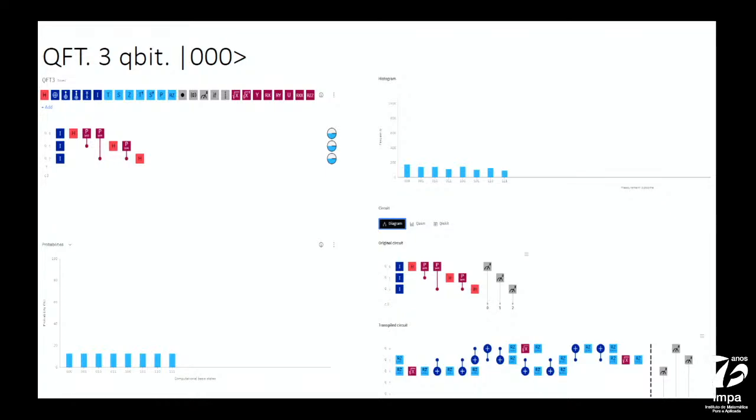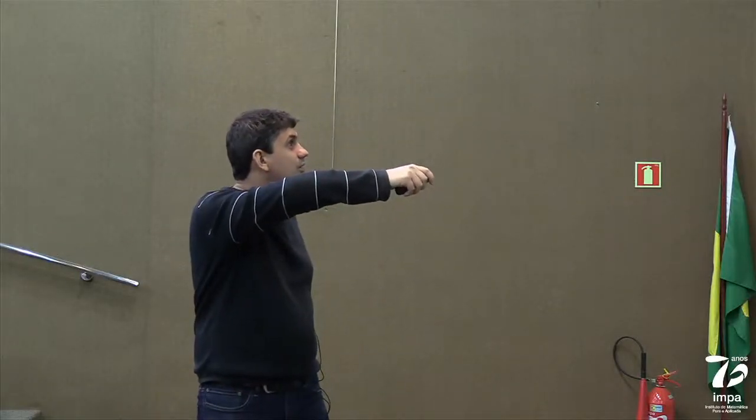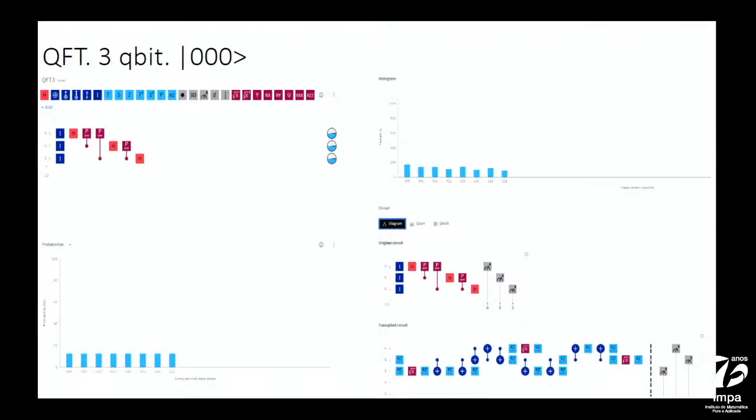If I started with all zeros, what should the Fourier transform do? If I was in a one basis state, it should give all the possible values with similar probability. And it's doing this, but you still need to test somehow what you are doing.